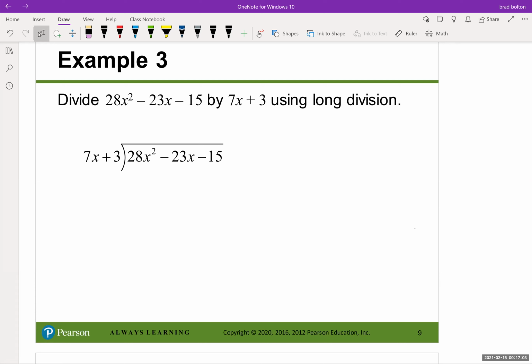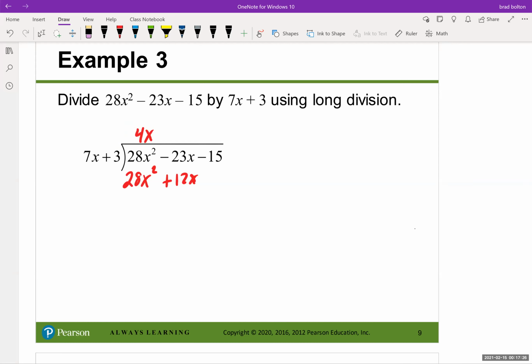Now you ask yourself the question, what does 7x need to look exactly like x squared? Well, it needs a times 4x. So I'm going to put a 4x right here, and multiply 4x times both of these. This becomes 28x squared, and this becomes plus 12x, when I do 4 times 3.